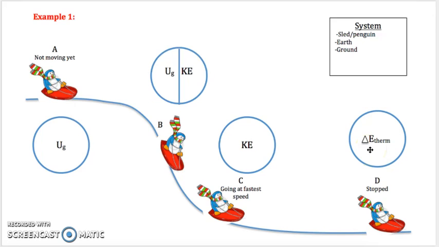That's what actually ended up getting it to stop, that little bit of friction. That's why you can go such a far distance on a sled, because of the little friction that there is, so it takes a long time to get a sled to stop. But again, that would all go to thermal energy. So it changed from potential and kinetic over to E-therm.